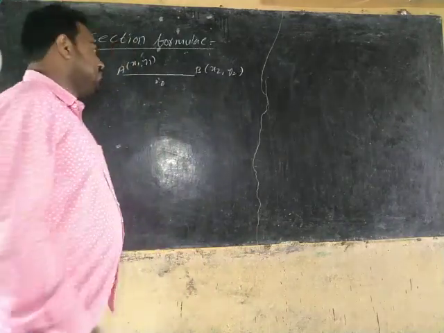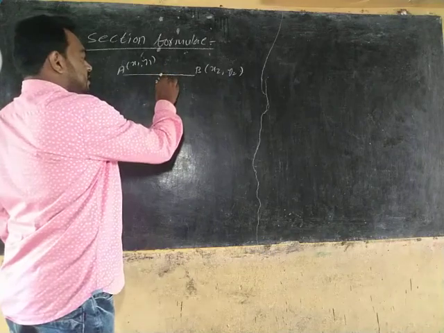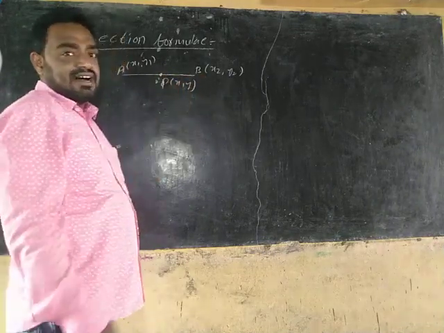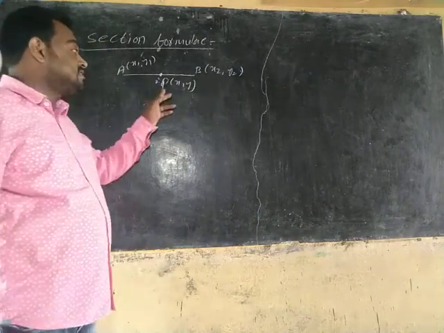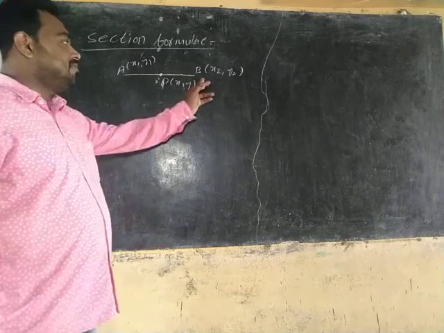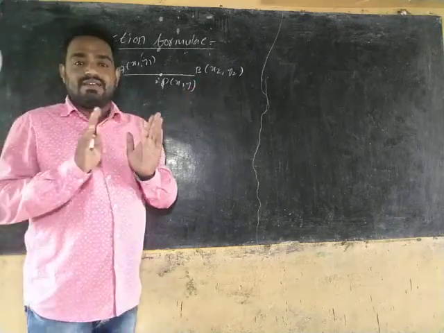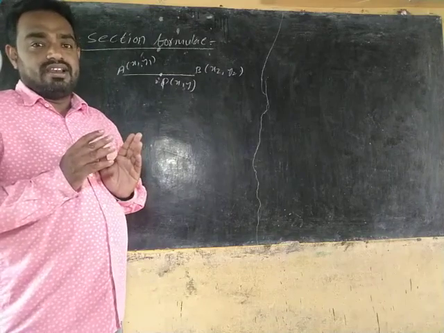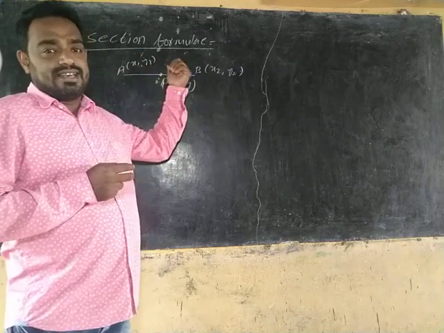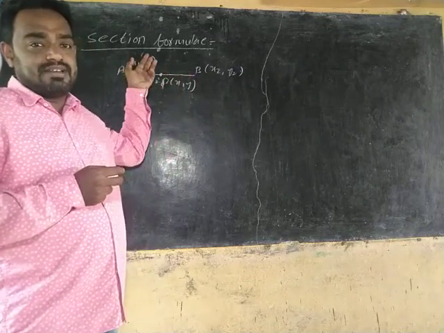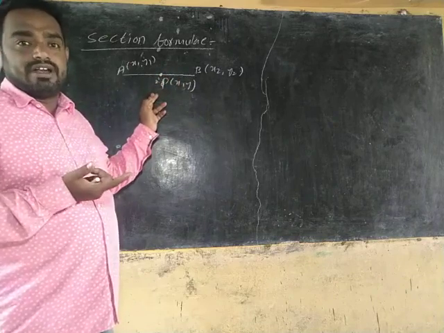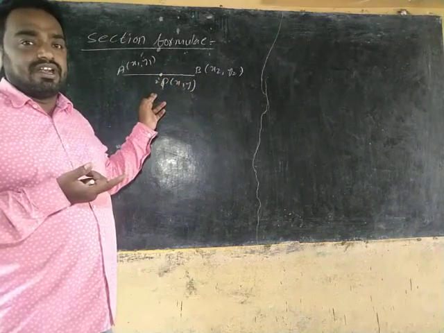If a point P (x, y) lies on the line segment, then P is called the internally dividing point.